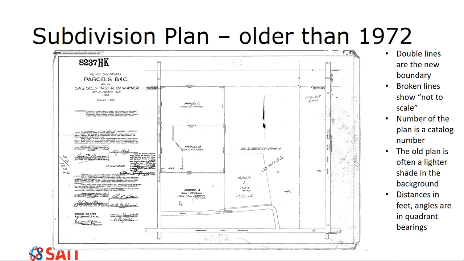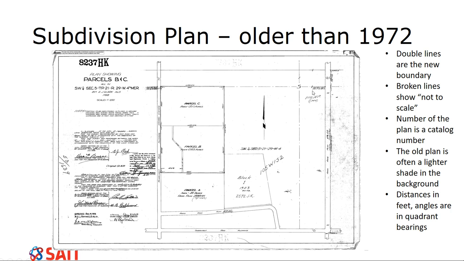Parcel A was on its own before, so here you can see two black dots in the corner. That means, hey, there was a monument here already and we used it. Then they placed monuments, which are the ones with the open circles. They pounded those into the ground, and that is now legal. It's considered a legal boundary where those are.